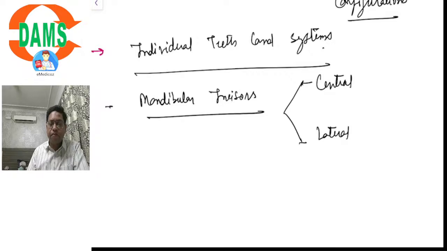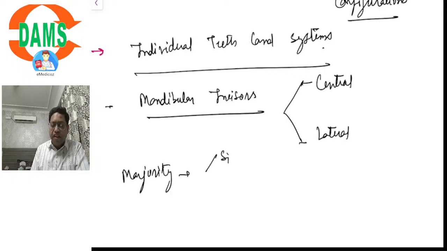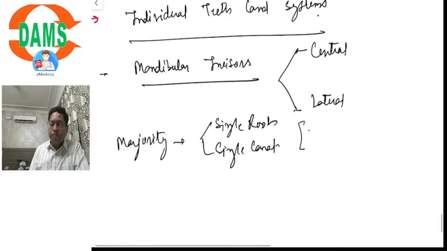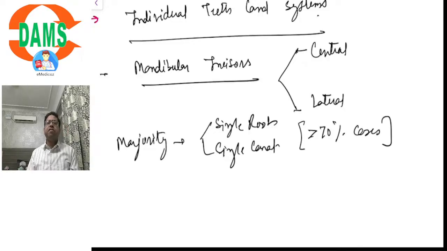In the majority of mandibular central incisors, there is a single root and a single canal, in more than 70% of cases.